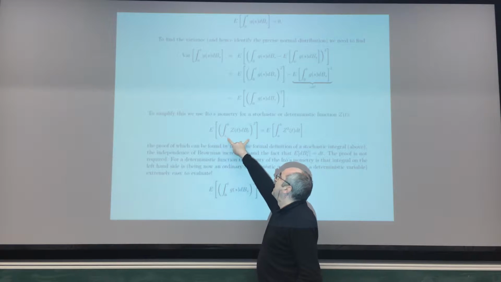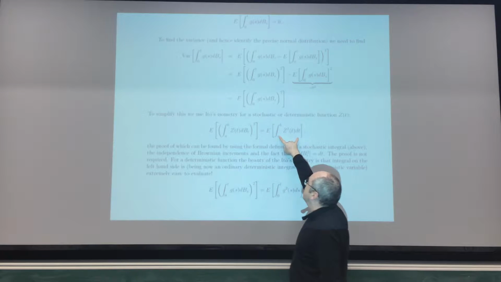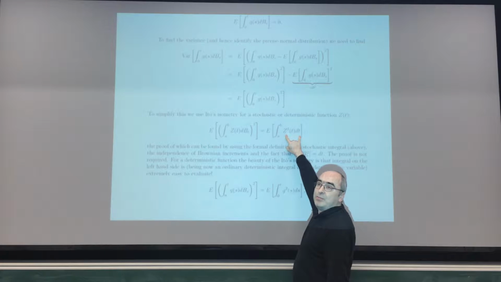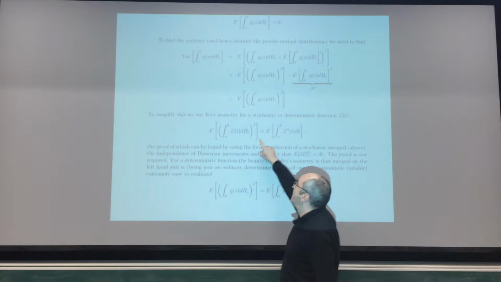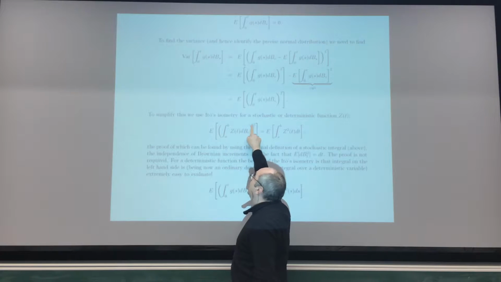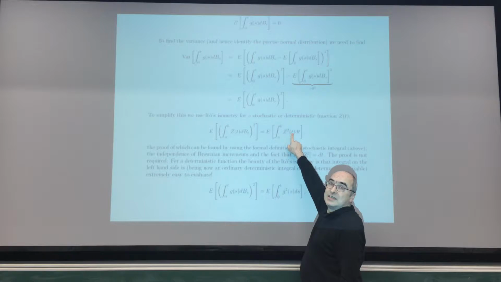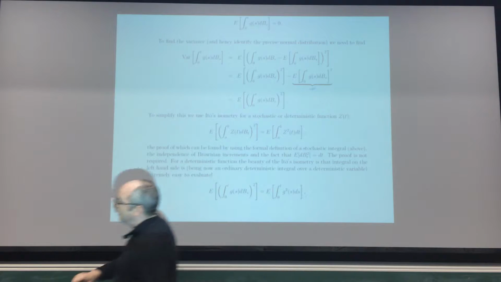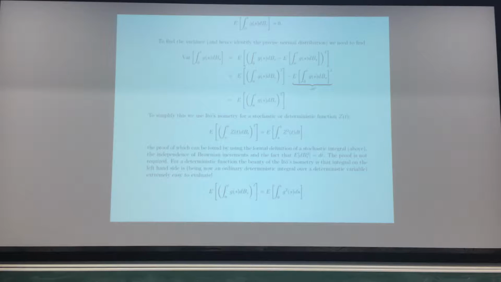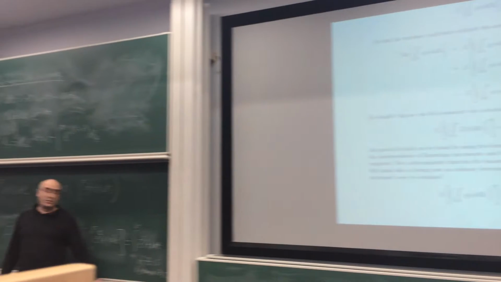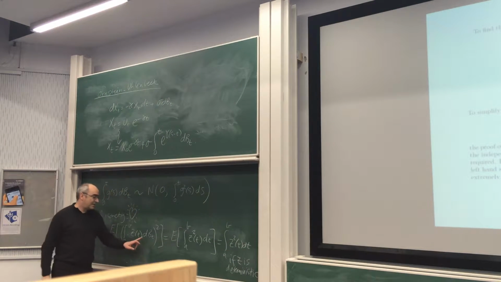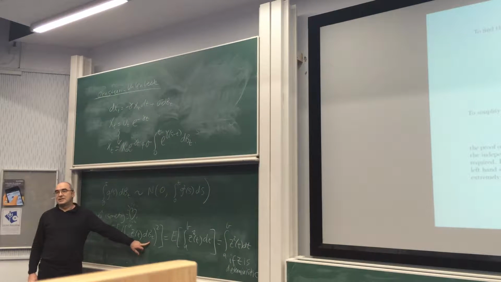It basically says the expected value of the square of an integral of this form is just the expectation of the ordinary boring Riemann integral, but with the squared value inside. So this is a stochastic integral squared. You take the expectation, and it's the same as the integral of the integrand squared, integrated with respect to time, not with respect to this funny random process here.